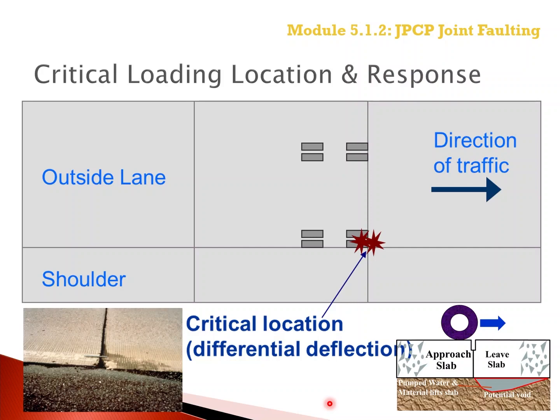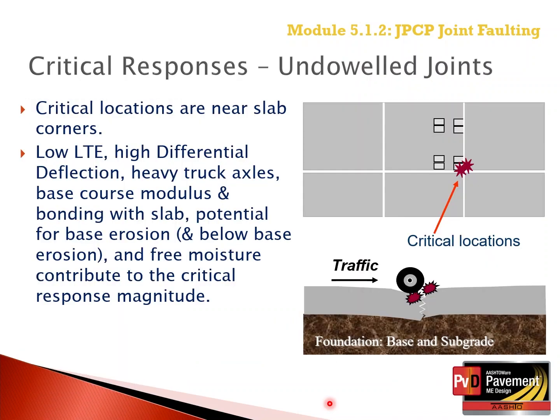The next slides will illustrate the difference between undoweled and doweled transverse joints. First, for undoweled joints, the critical response of the differential deflection calculation location is near the slab corners as displayed in the previous slide and in this slide.